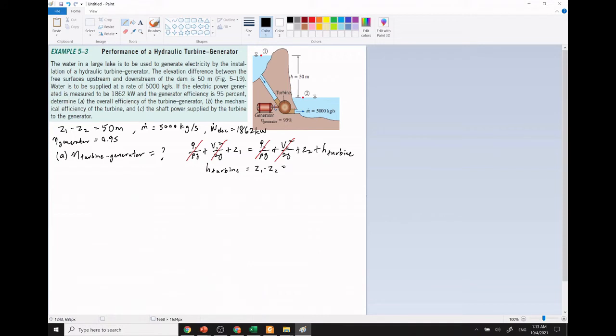Alright, so we know here that Z1 minus Z2 is 50 meter. Okay, and we can change it into the power that is transferred to the turbine. So just write it as W turbine.